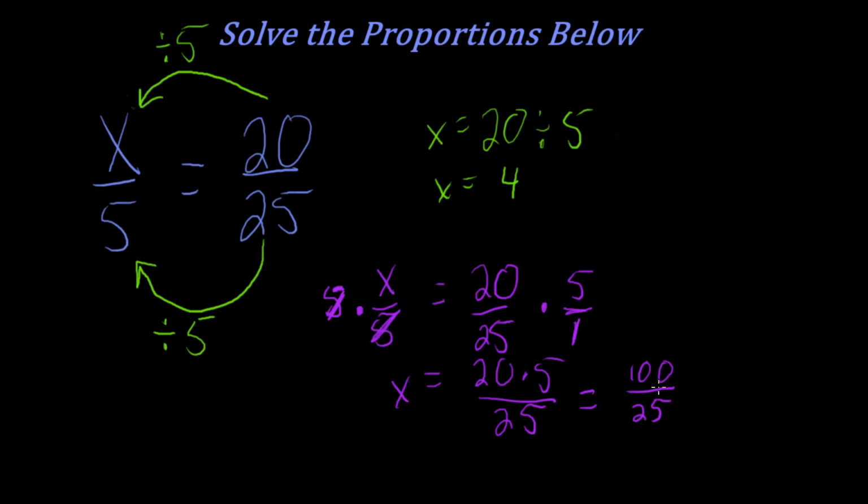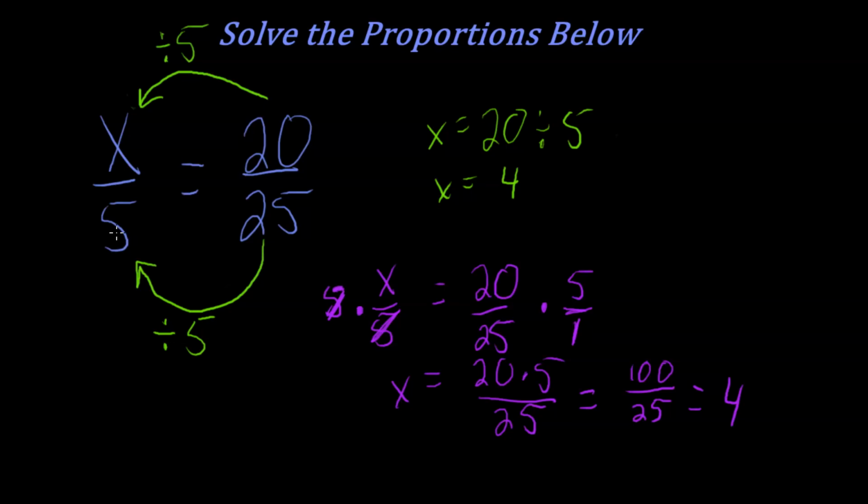How many quarters are in 100 cents? 4 of them. 100 divided by 25 is 4. So this leads us into how we can go about solving this using cross multiplication and division.